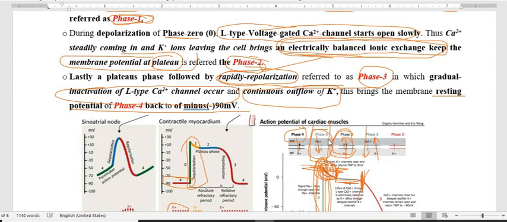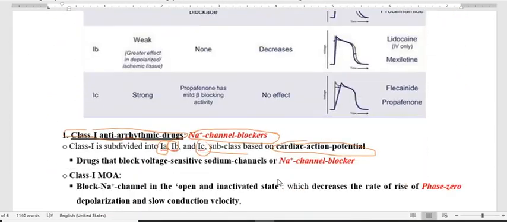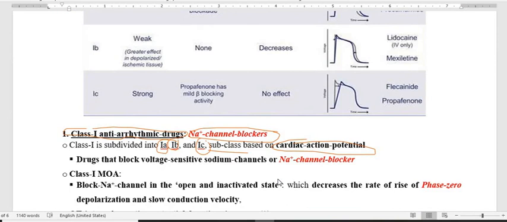Phase zero of the ventricular action potential, that is the depolarization phase caused by the entry of sodium ion, is blocked by the sodium channel blocker, and they are divided into three types: 1A, 1B, 1C.